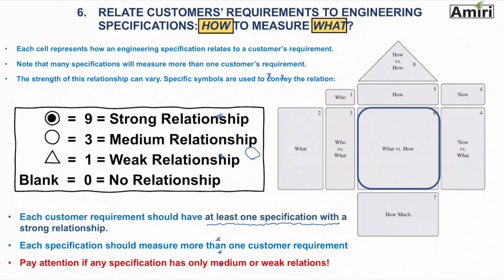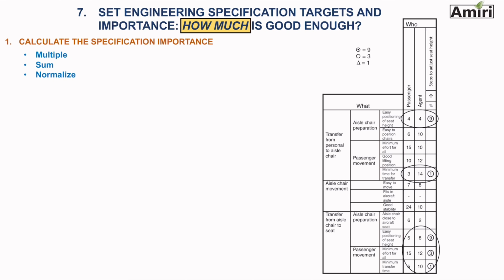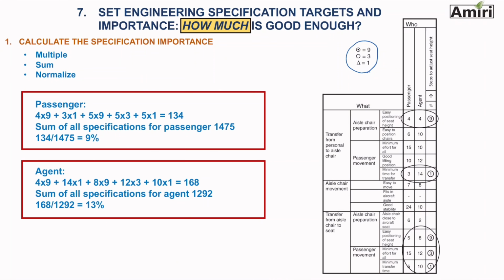Step 7 has three sub steps that come with it. The first thing is, once you have those relationships and you put in the scores, you then go back and look at your weights. The example we have here for the passenger: easy positioning of seat height, minimum time to transfer, easy positioning of seat height, medium effort, and minimum transfer time, we have scores. The rest are blank. So you just multiply and figure out the sum.